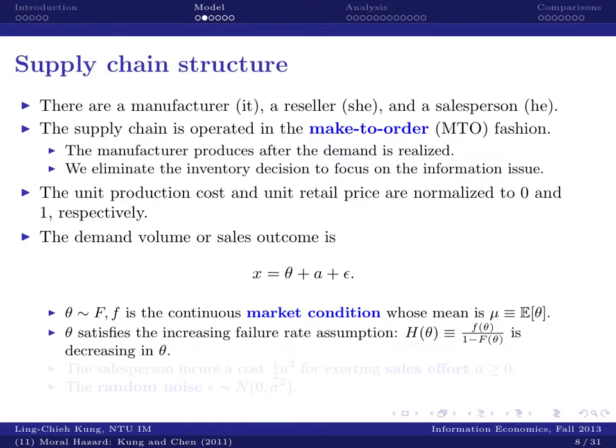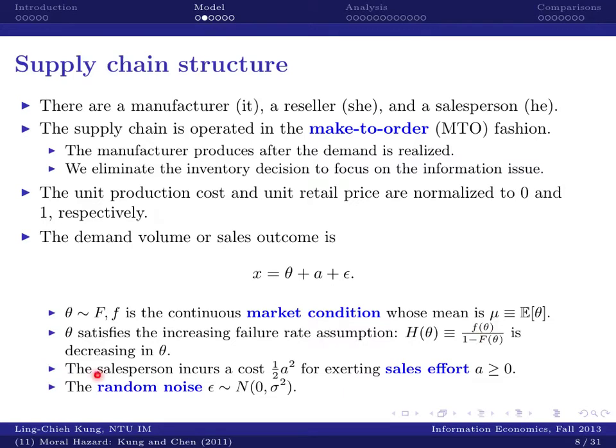We use H to denote the inverse failure rate. Here this is a typo, it should be small f in the bottom and 1 minus capital F in the numerator. This inverse failure rate is decreasing in theta, which means the failure rate is increasing in theta. The standard assumption.